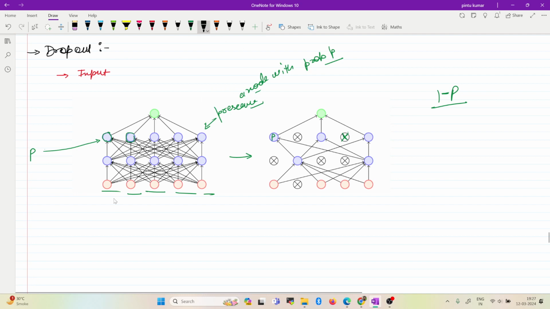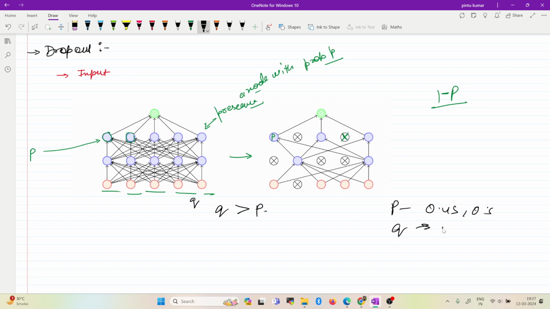But you shouldn't use the same p that you use for the hidden layer for the input, because your input carries more important information. You can use some parameter q where q should be larger than p. For example, if you use p something like 0.45 or 0.5, then you should use q in the range of 0.8 or 0.9. So you should preserve most of these inputs. Again, these things will depend on your application, but this is in general what I can say.